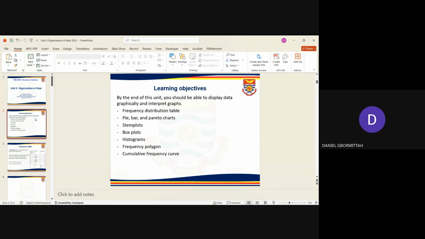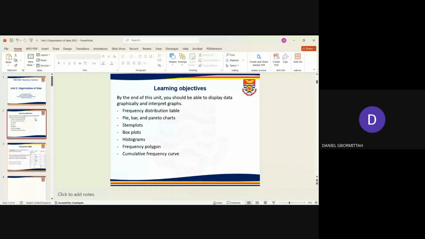We can use stem and leaf plots, or simply stem plots. We can also use box plots, or box and whisker plots, to represent our data. And we also have histograms, which are common, frequency polygons, and then the cumulative frequency curve.